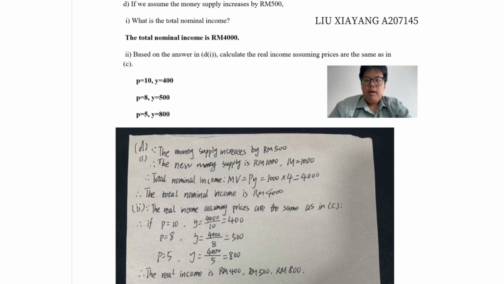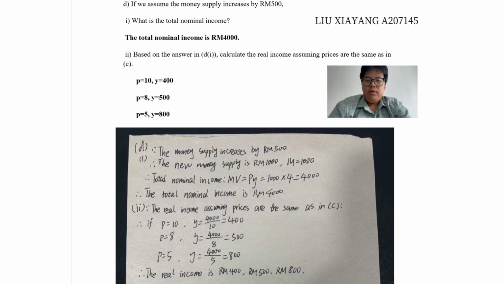Now I will tell question D and question E. Question D, the first question, is the total nominal income. Because the original money supply is RM500 and the money supply increases by RM500, the new money supply is RM1000.